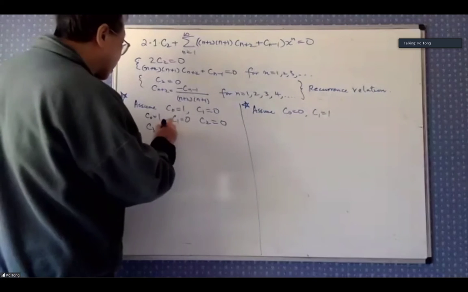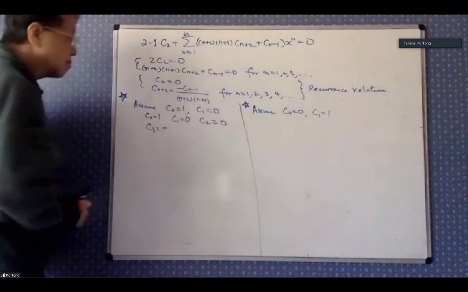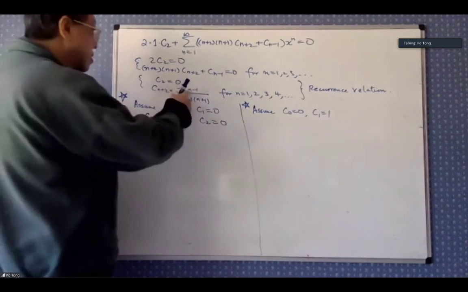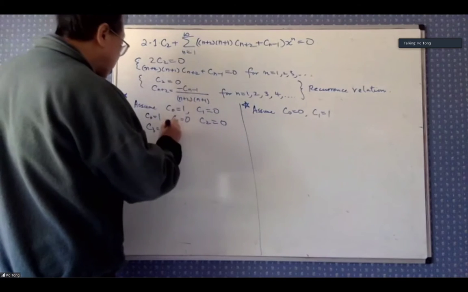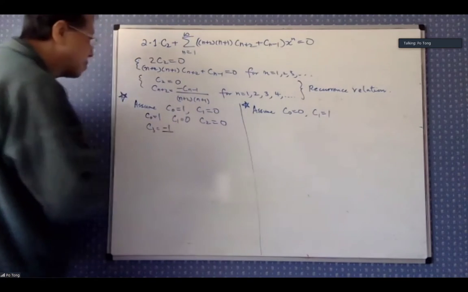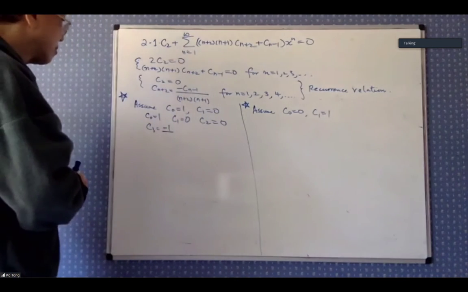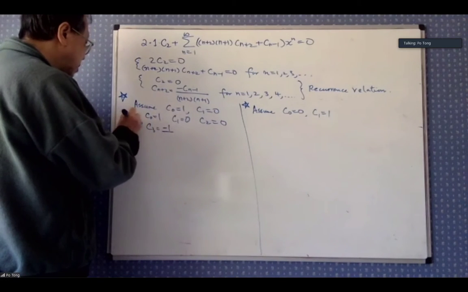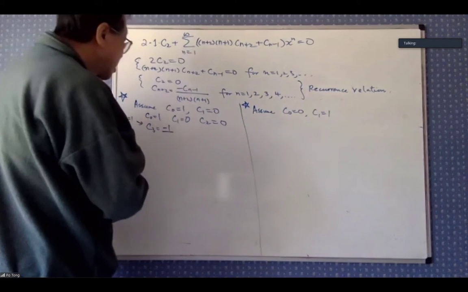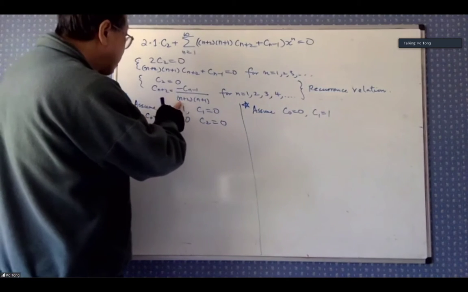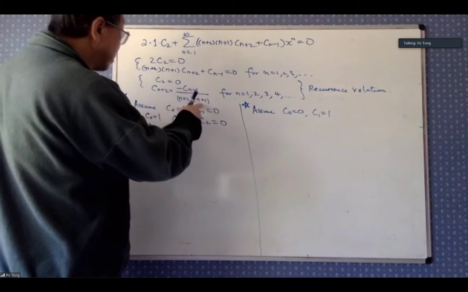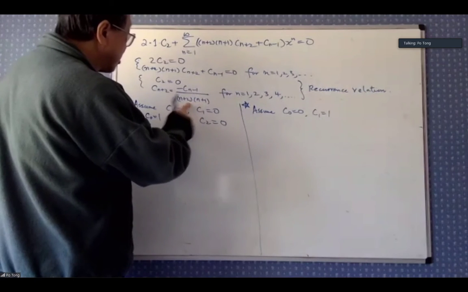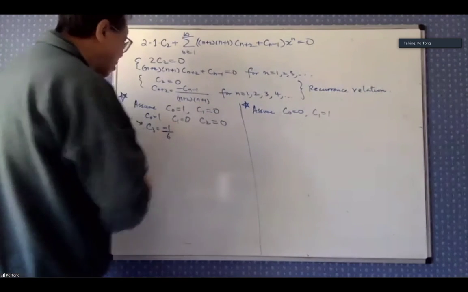It's minus C0, which is 1, divided by 1 plus 2 is 3, 3 and 2 is 6.